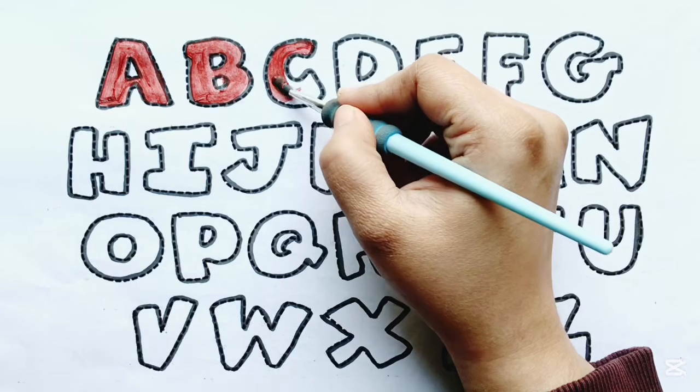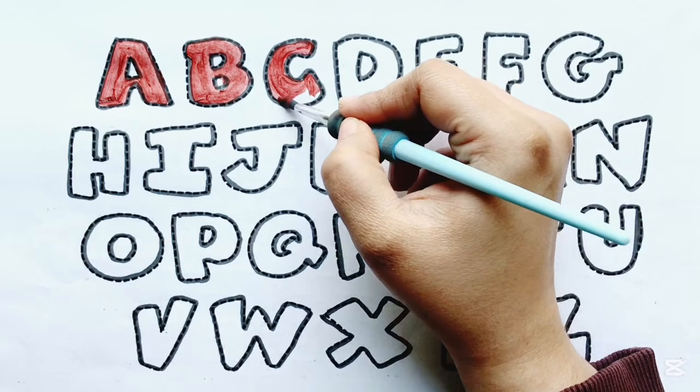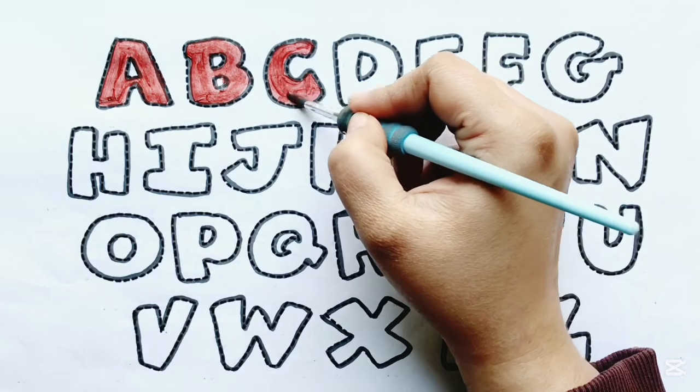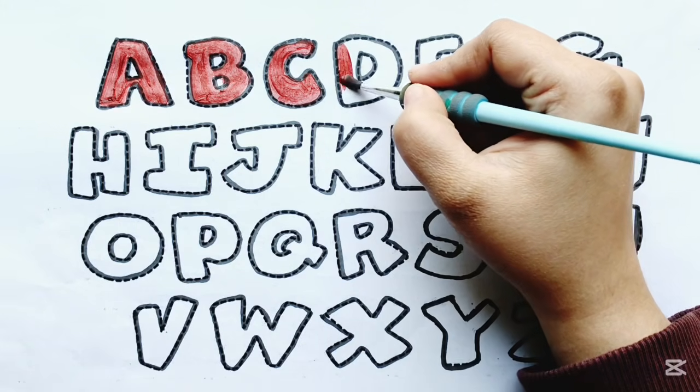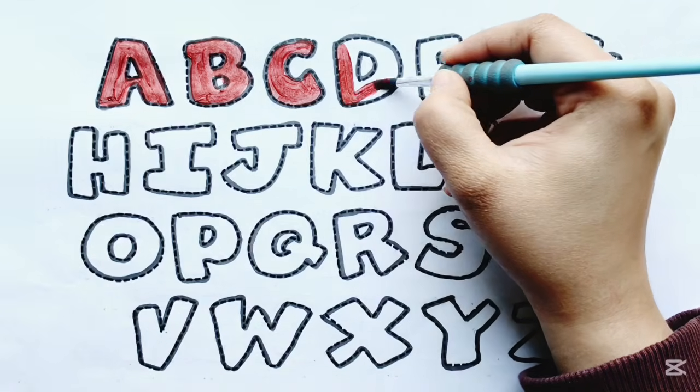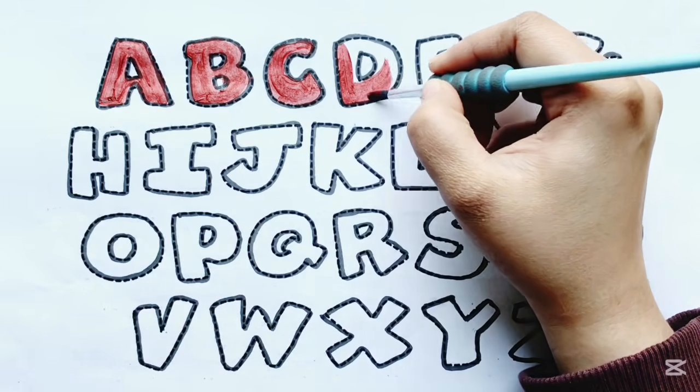C for cake. Words that start with the letter A. Apple, angel, address, animal, answer. April, autumn, ambulance, D for dolphin. Arrow.